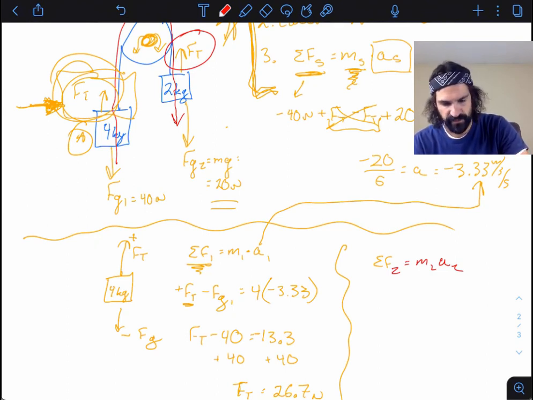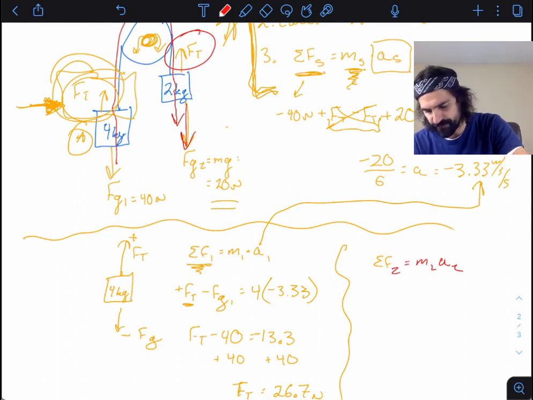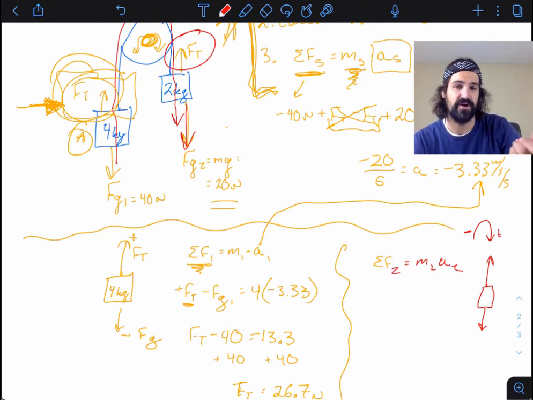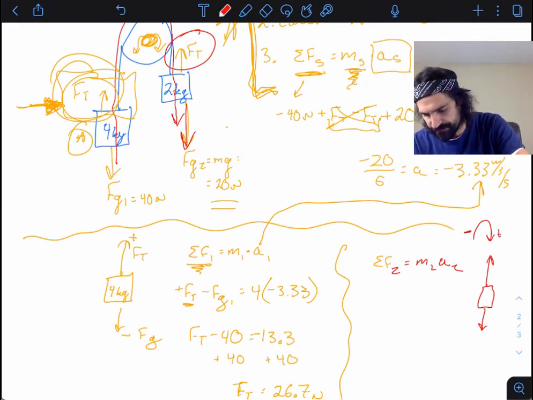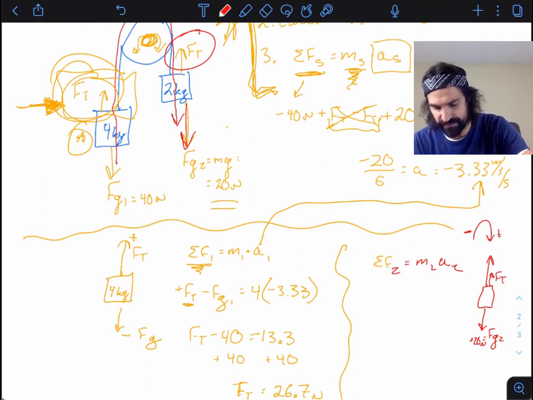Well, we have the force of gravity downward, but keep in mind that's a positive direction because it came from this chosen axis that we had. Clockwise positive, counterclockwise negative. So Fg2 is going to be equal to positive 20 newtons because we chose clockwise as positive, and we still need to solve for tension.